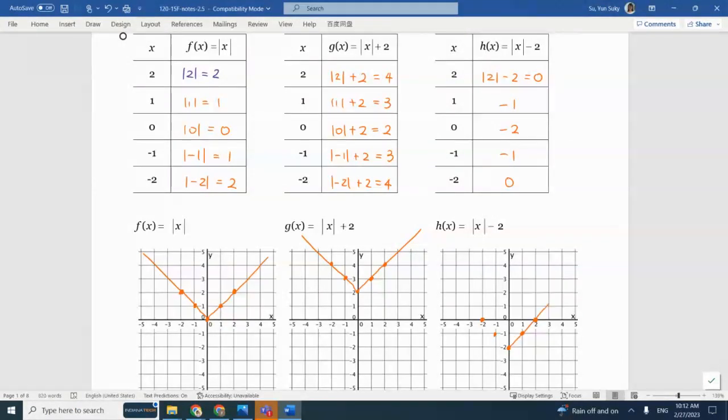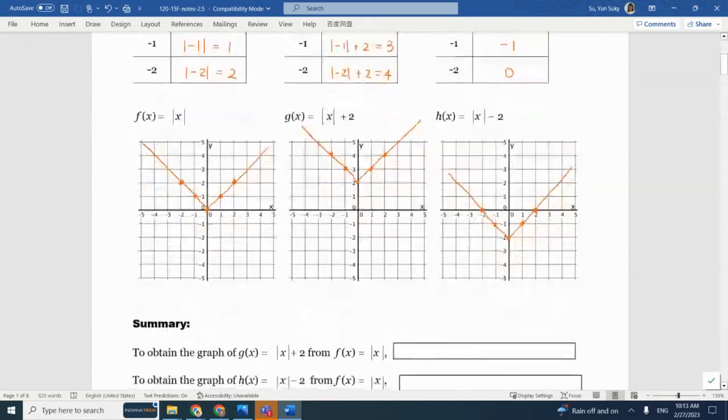And we connect all the points together. Do you see we still have the V shape? Compared to the original graph, what do you see? We shift down 2 units, right, everybody?